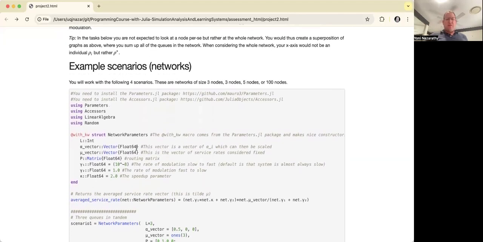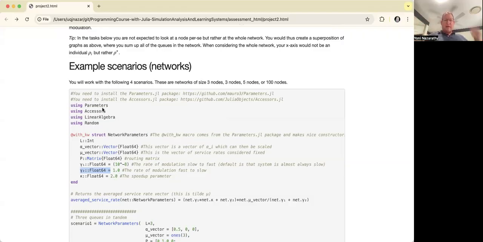So what are the example scenarios? We're giving you the struct NetworkParameters, which models the network: the number of stations, the vector of arrival rates, the vector of service rates, the routing matrix, gamma 1, the rate of transition from slow to fast, gamma 2, the rate of transition from fast to slow, and kappa, a speed-up parameter which says how much faster fast is in comparison to slow.